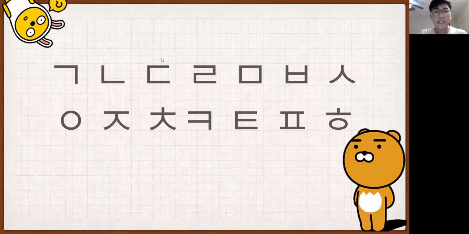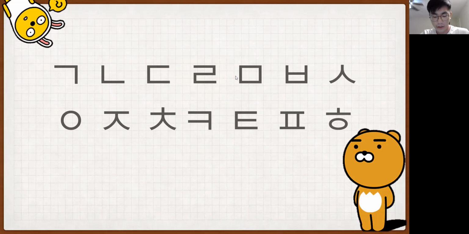And then there's tigut, which makes like the D sound. And then there's leer. This is like the L sound. This letter usually replaces the R in the English alphabet, because there's no R sound in the Korean alphabet.